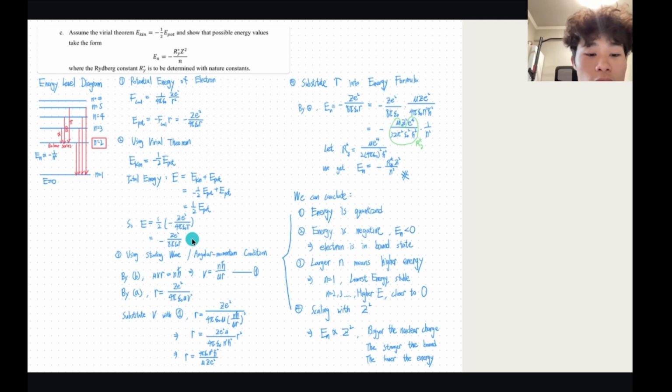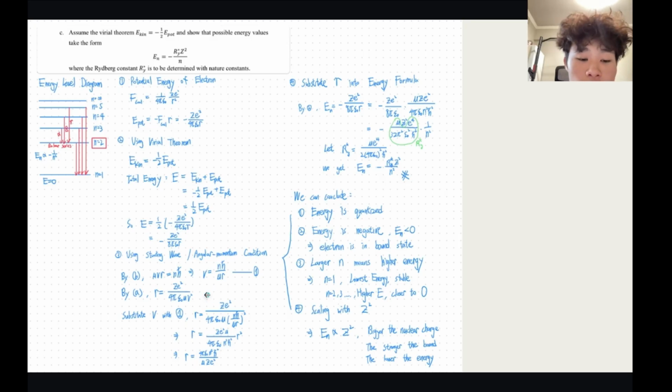Now we use the standing wave condition, angular momentum. By part B, we know that mu v r equals n h bar, and we can know the velocity v equals n h bar over mu r. By question A, we know the radius of the electron is z squared over 4 pi epsilon naught times mu v squared.